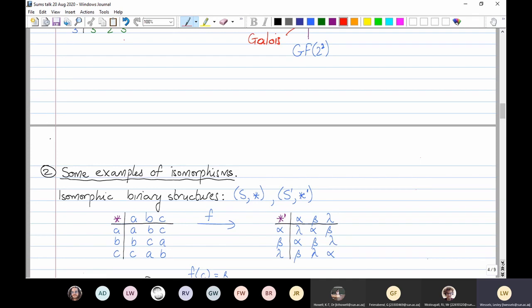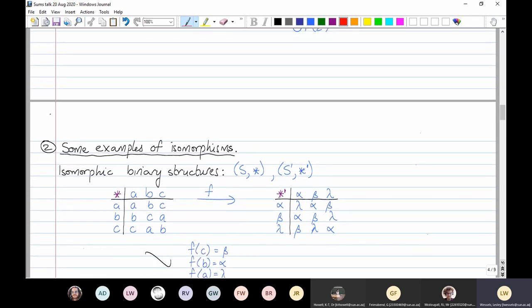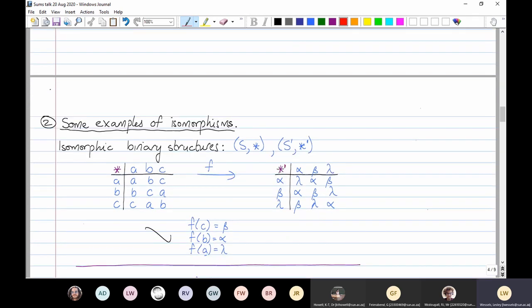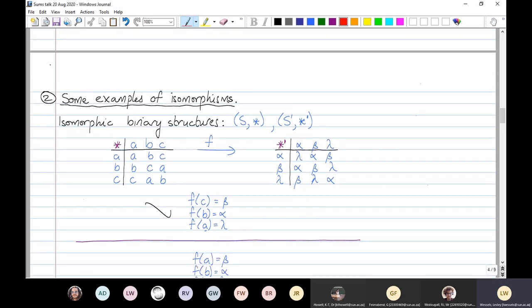Okay, so next, what we need to define is what an automorphism and an endomorphism is. So let's just look at these two binary algebraic structures. What is a binary algebraic structure? It's basically a set with a binary operation, such as S with star and S prime with star prime.